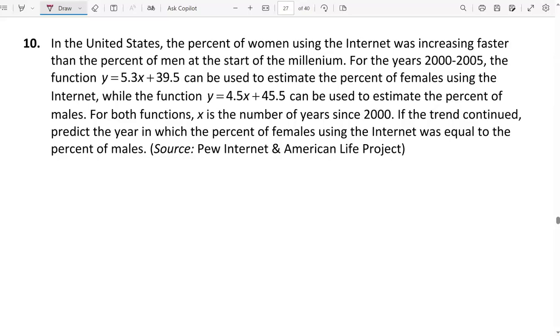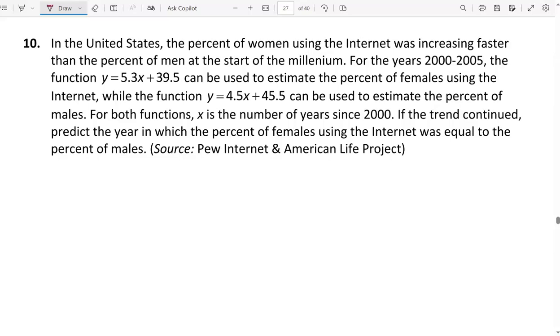In number 10, we have in the United States, the percent of women using the internet was increasing faster than the percent of men at the start of the millennium. For the years 2000 to 2005, the function y equals 5.3x plus 39.5 can be used to estimate the percent of females using the internet, while y equals 4.5x plus 45.5 can be used to estimate the percent of males.